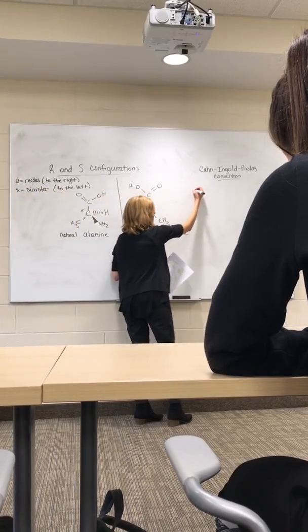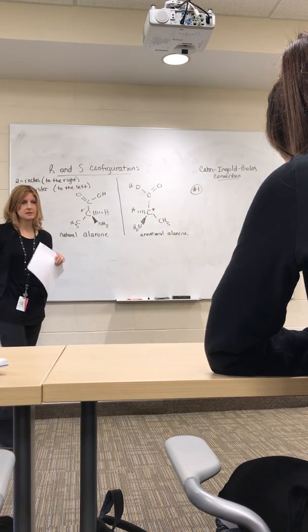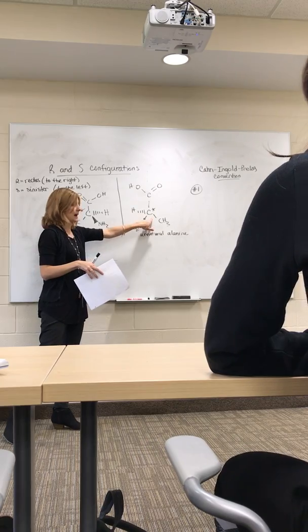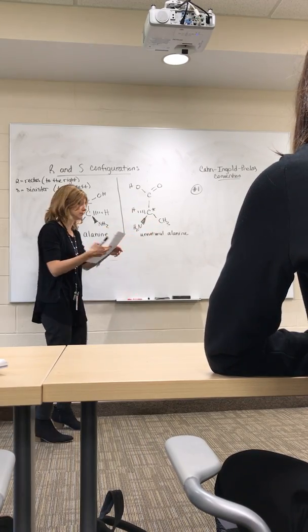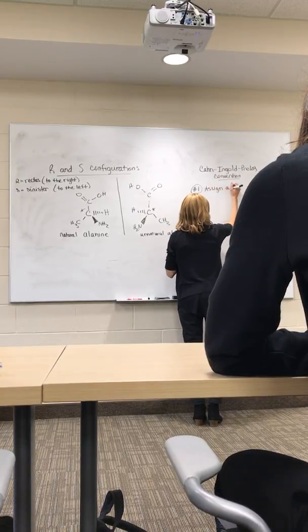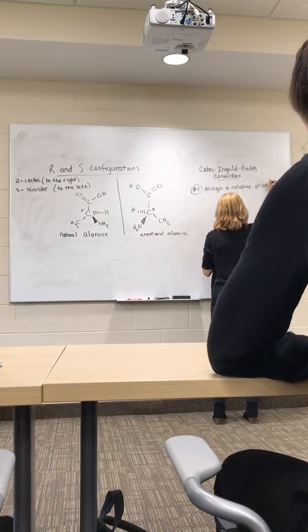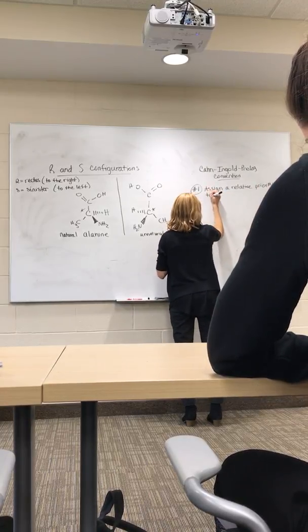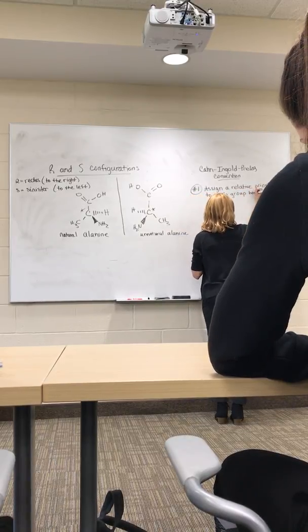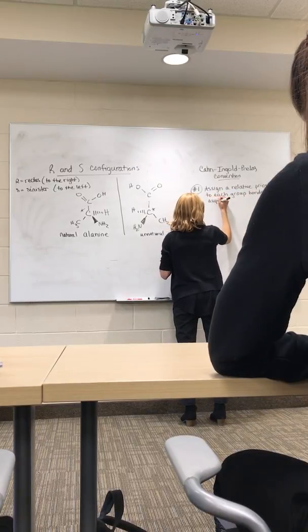So number one, you have to assign a relative priority to each of the groups bonded to the asymmetric or the chiral carbon.